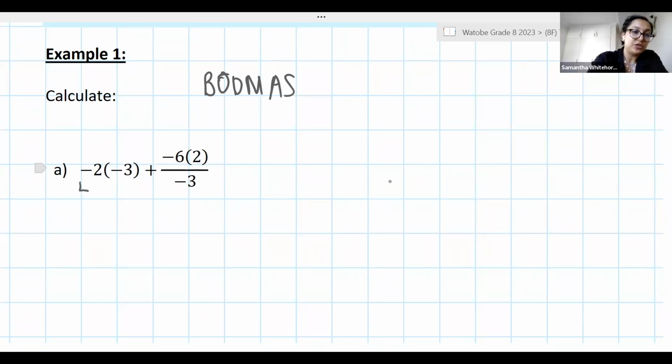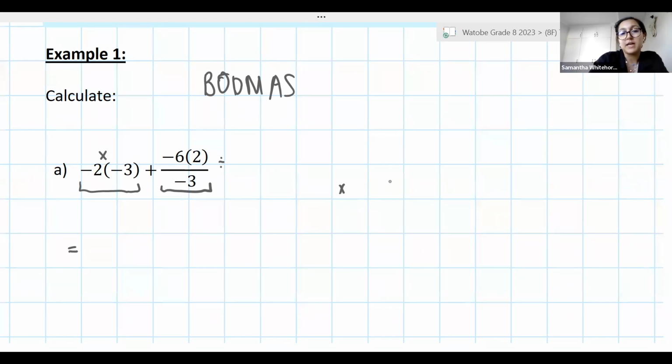In this first term, before the plus sign, I've got a -2 open bracket -3 close bracket. Remember, if there's no sign between a number and a bracket, the operation is a times. That's one of my multiplication steps that I need to do first. In my second term, because I've got a fraction, I know that I'm dealing with division. So there is my D and my M of my BODMAS that I need to deal with first.